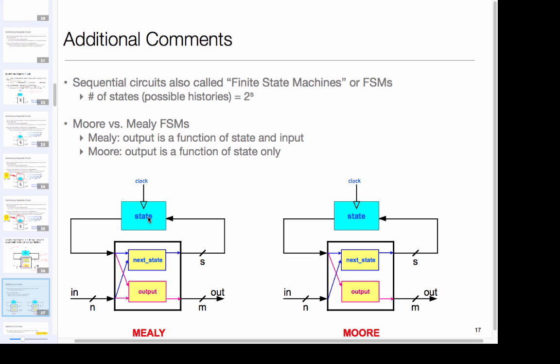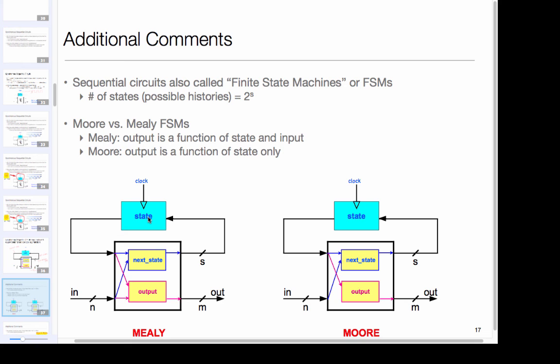The parking lot could be empty, could have 1 car, 2 cars, all the way up to 400 cars, right? So there are 401 possibilities, and I need 9 bits for that. So the idea is that you have to analyze the problem and then see how many distinct cases of history you need to remember, and that's the minimum number of bits you need. Now, oftentimes we use more bits so that our logic becomes simpler, but that's at least the minimum number of bits that I need to remember.